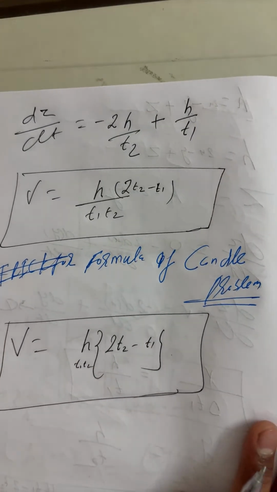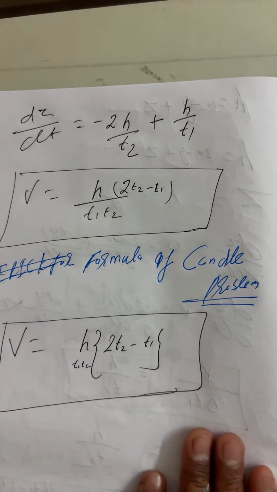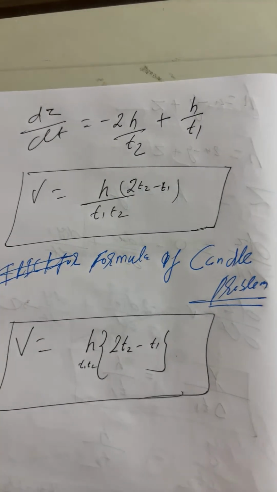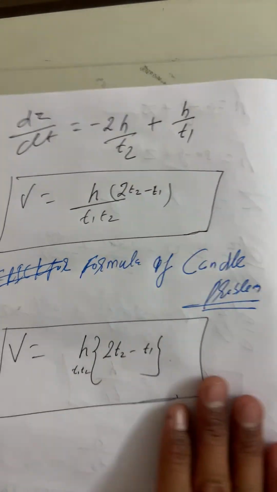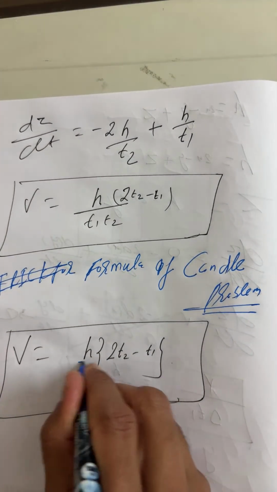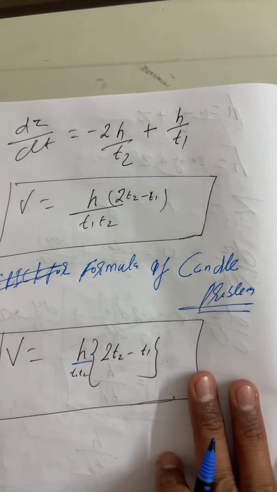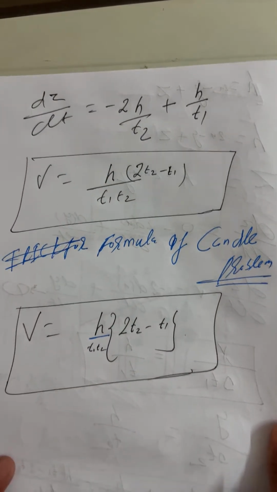So you can keep these kinds of things in your mind. It's highly required. It's a very good question with a good explanation. Just remember this for the candle problem.